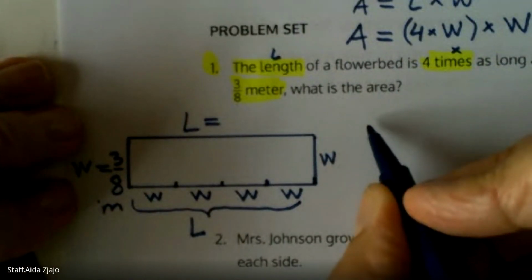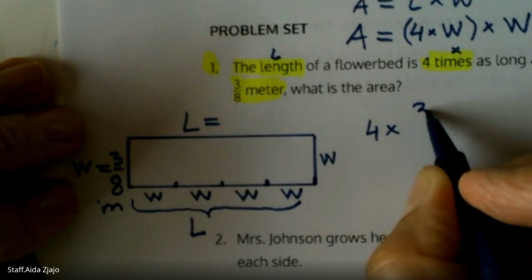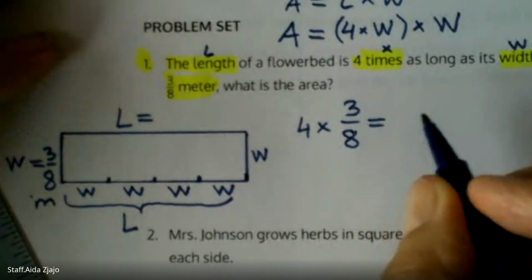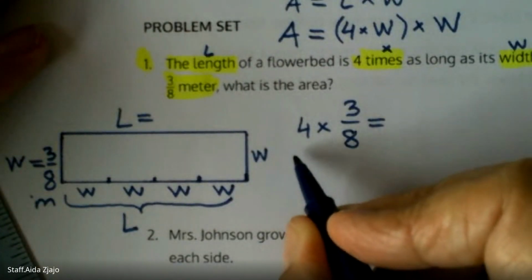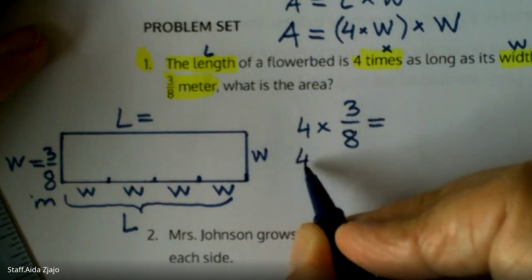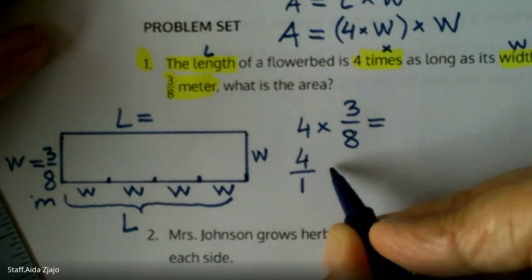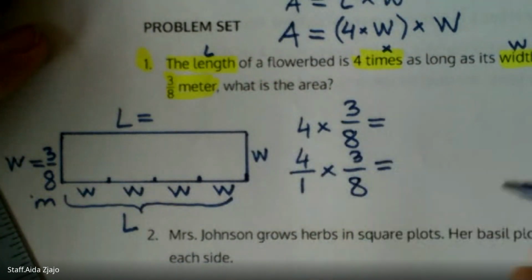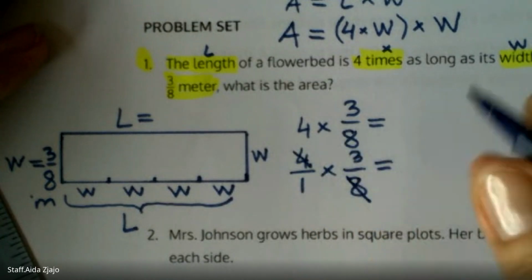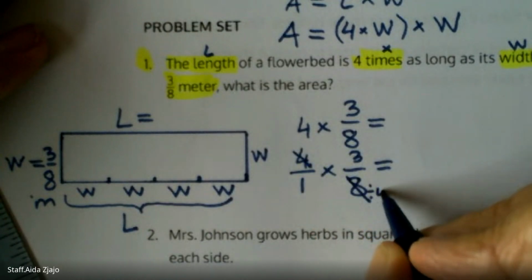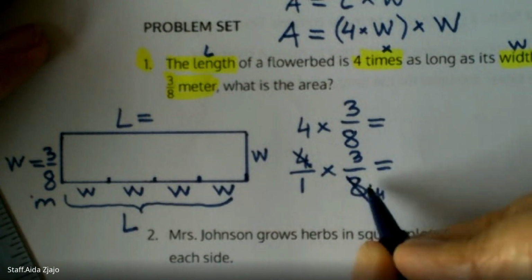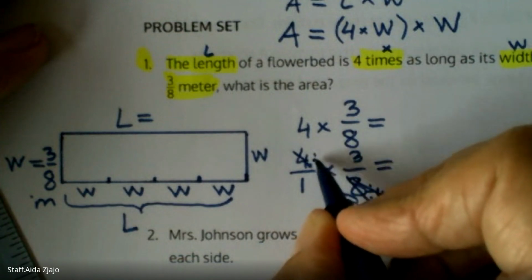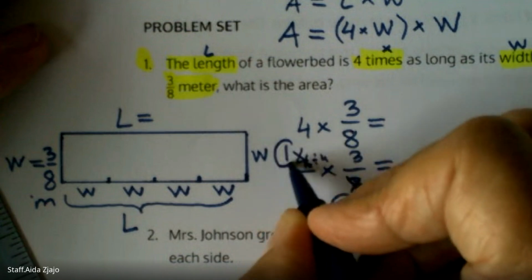I change the 4 into fraction form, 4 over 1, times 3/8. I can simplify 4 and 8 by dividing by 4. 8 divided by 4 gives me 2, and 4 divided by 4 gives me 1.